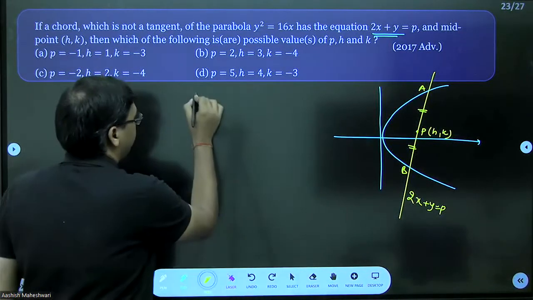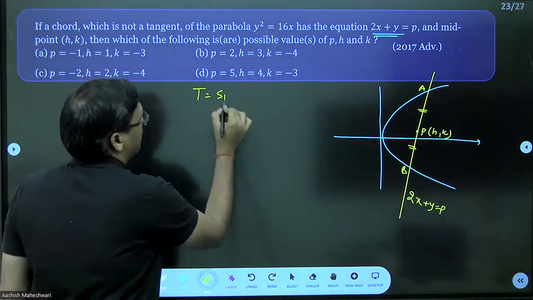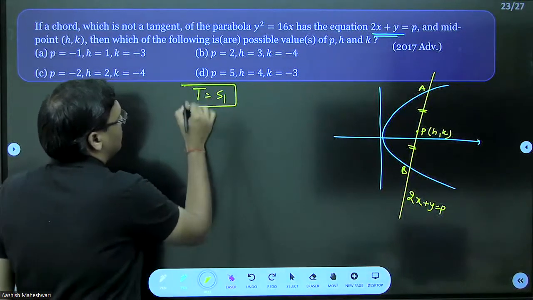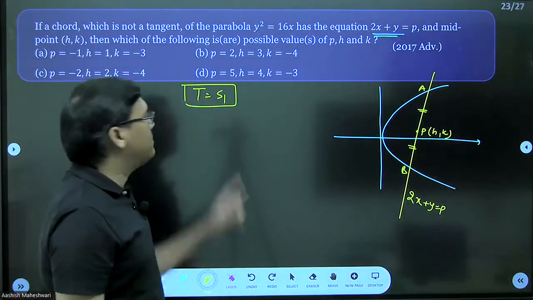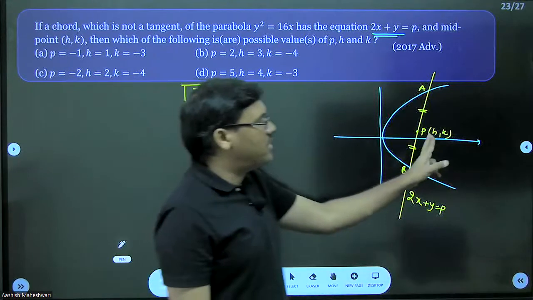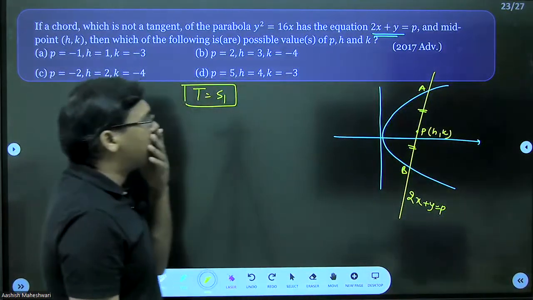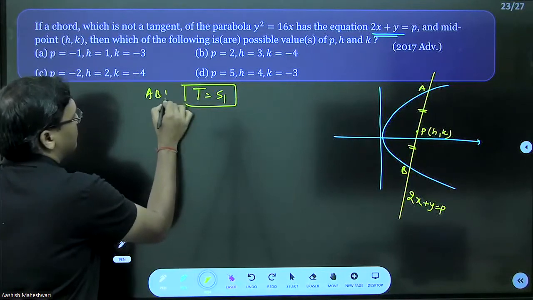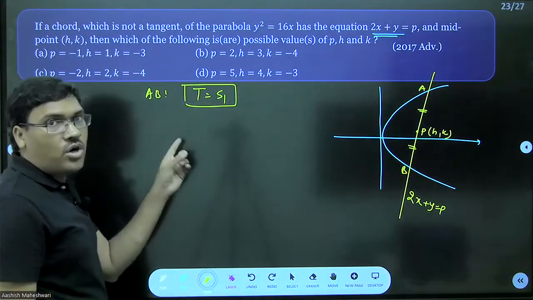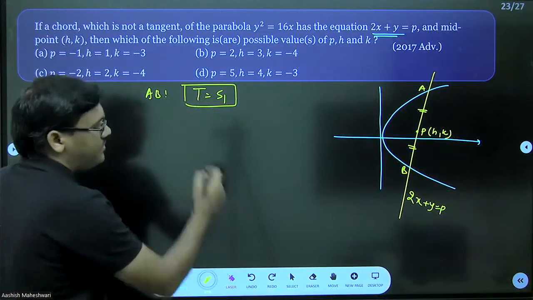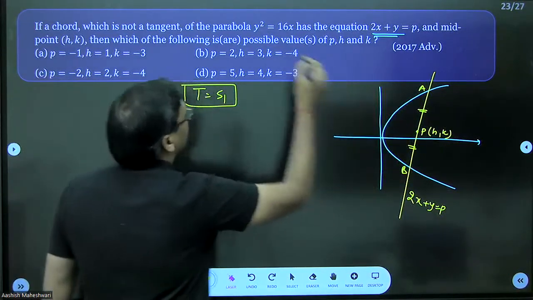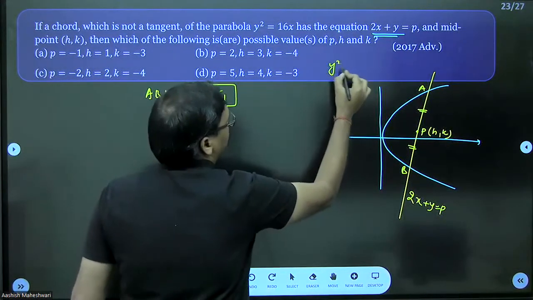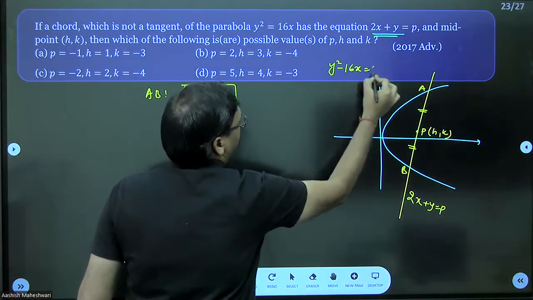You know this concept. This is T is equal to S1. Equation of chord whose midpoint is x1 comma y1 is T is equal to S1. Here in place of x1 y1 we have h comma k. No problem, right? So what is the equation of this AB? This is the equation of chord AB with the given midpoint. So what is T? This is the parabola y square minus 16x equal to 0.